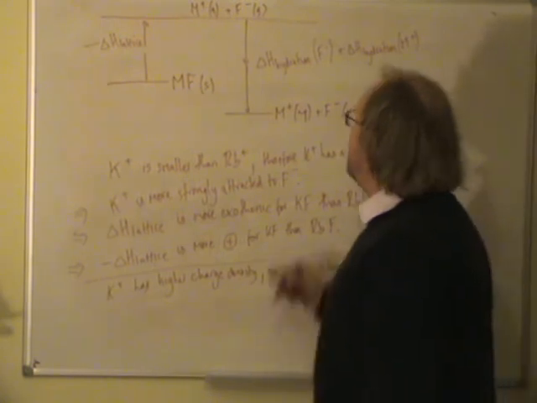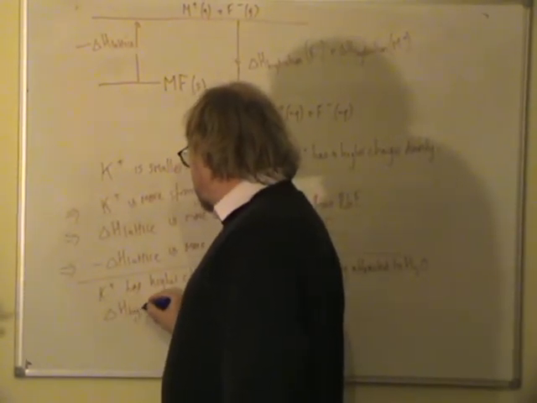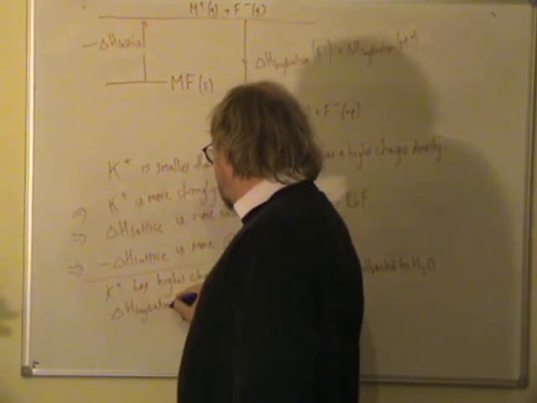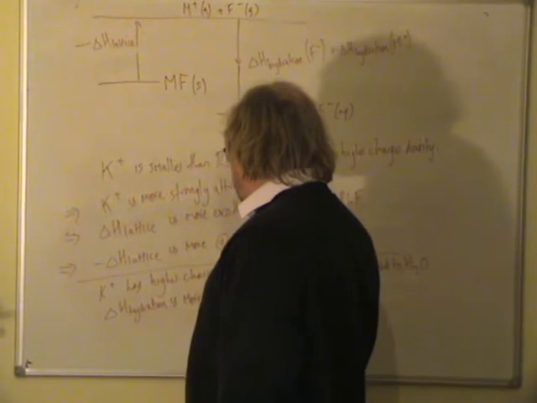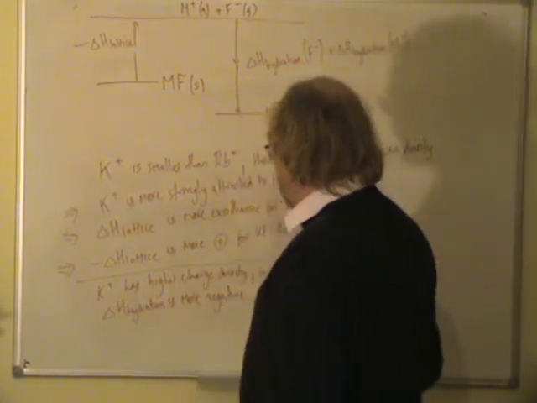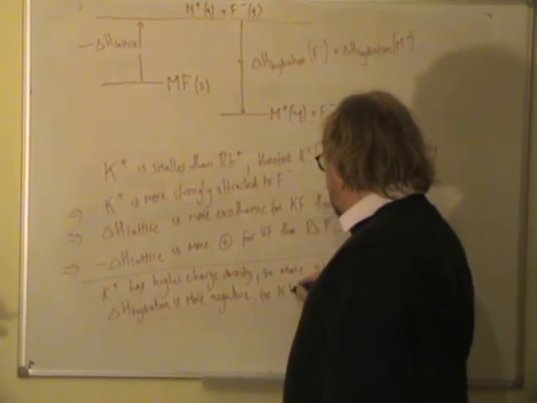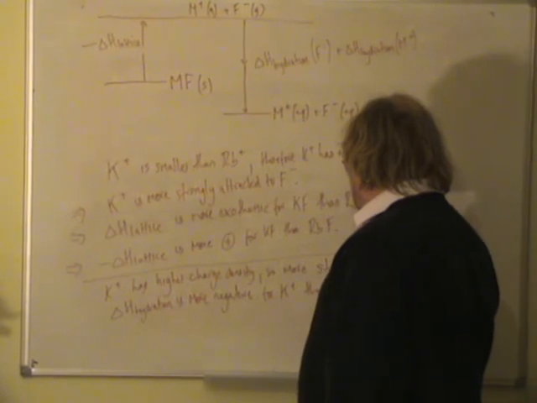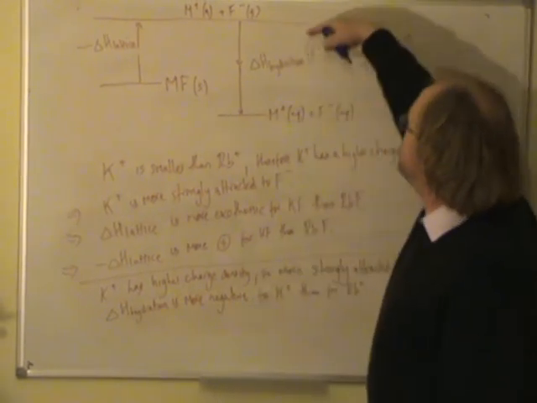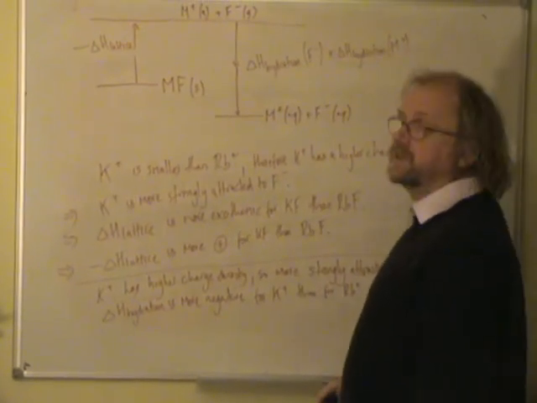Okay, and that means that delta H of hydration is more negative for K plus, or for KF if you like, than for Rb plus. If it's more strongly attracted to water, then more heat will be given out when you introduce the ions into water.